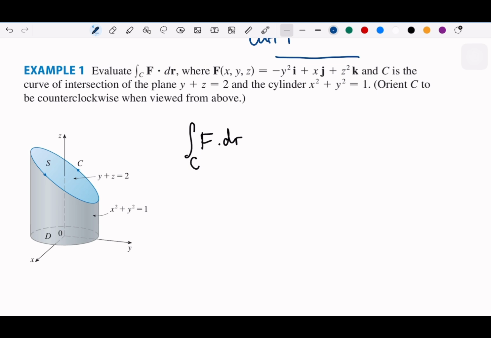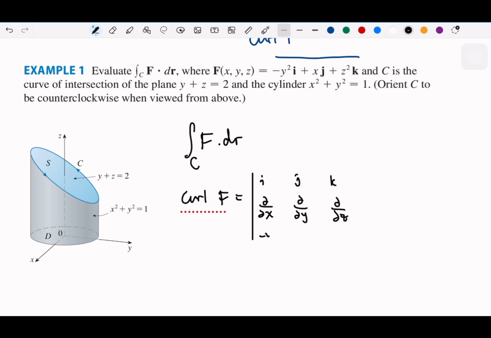First is taking the curl F, the cross product of this vector field. So taking i, j, k, and then the determinant, with partial x, partial y, and partial z. Remember that the curl is nabla cross F. Then we compute this.